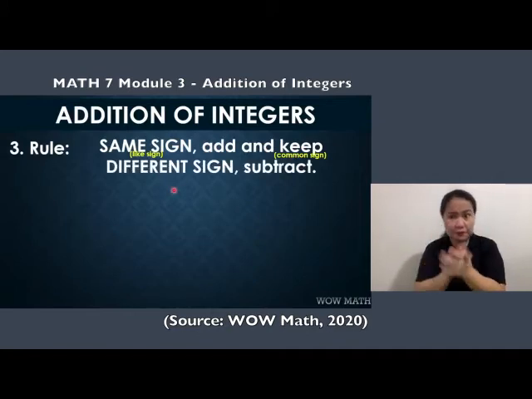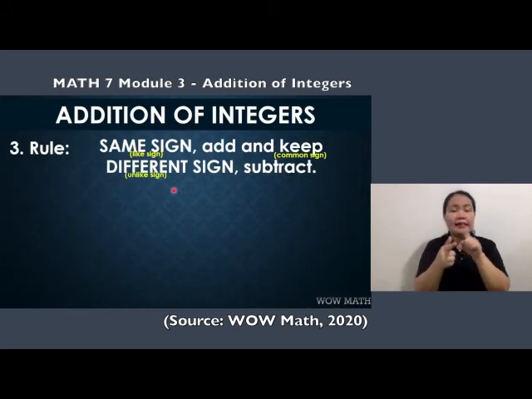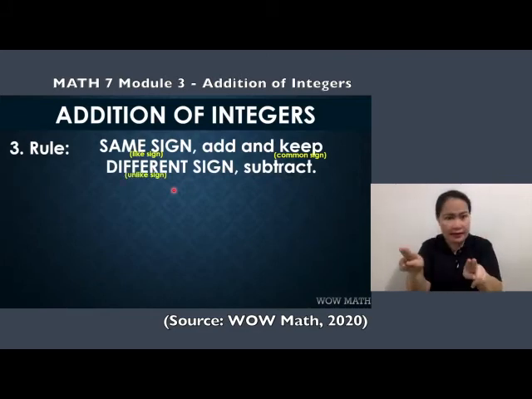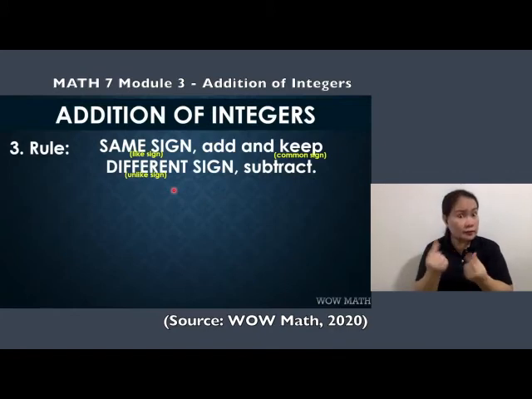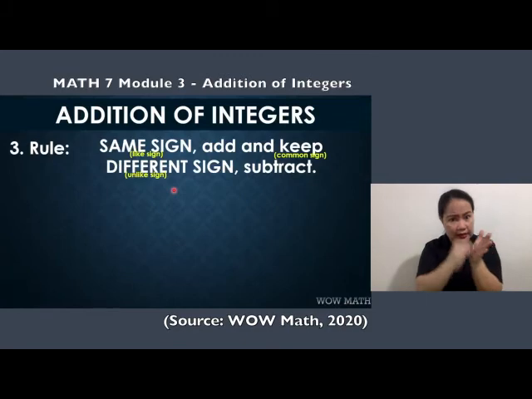Next. If they have different signs, okay? So, different sign, ito rin yung tinatawag nating unlike sign. Okay? Ibig sabihin, magkaiba. Isang positive, isang negative, or isang negative, isang positive. So, ano ang gagawin natin pag magkaibang sign? You should subtract. Okay? So, this is the time that you're going to subtract. Now, kung sa same sign, kinokopya lang natin yung sign nilang pareho, paano kapag different signs?